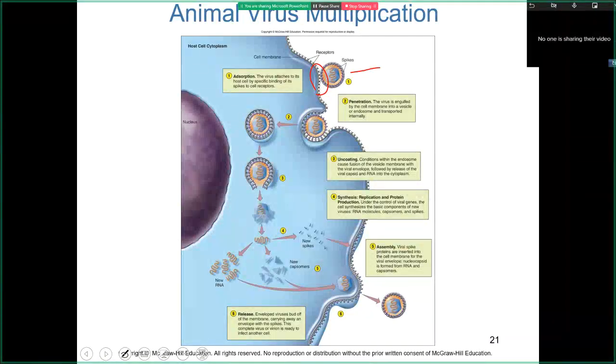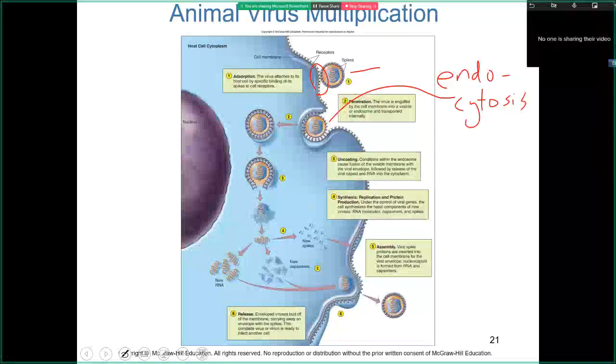So this is one possible way that the genome can come in, and this involves, in this case, I'll write this out here, that's endocytosis that you're seeing. Endocytosis. And this involves invagination of the host cell's membrane.